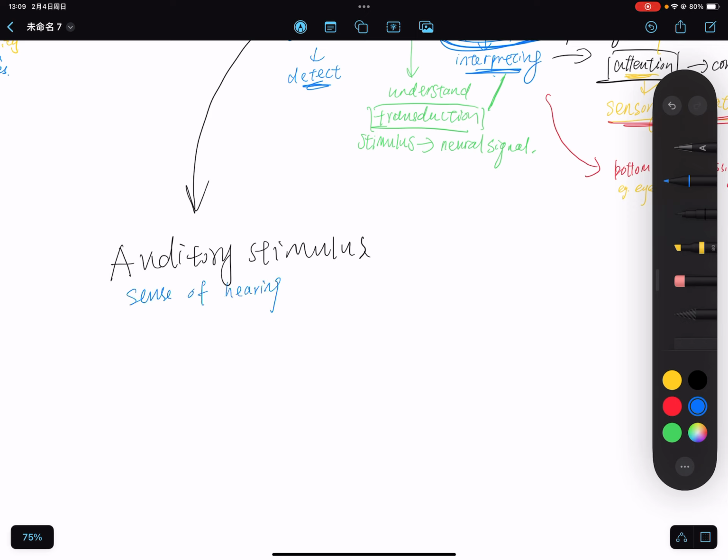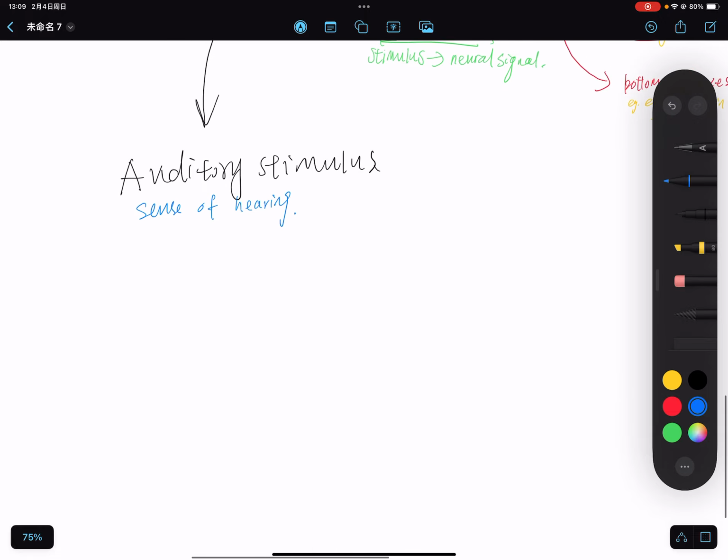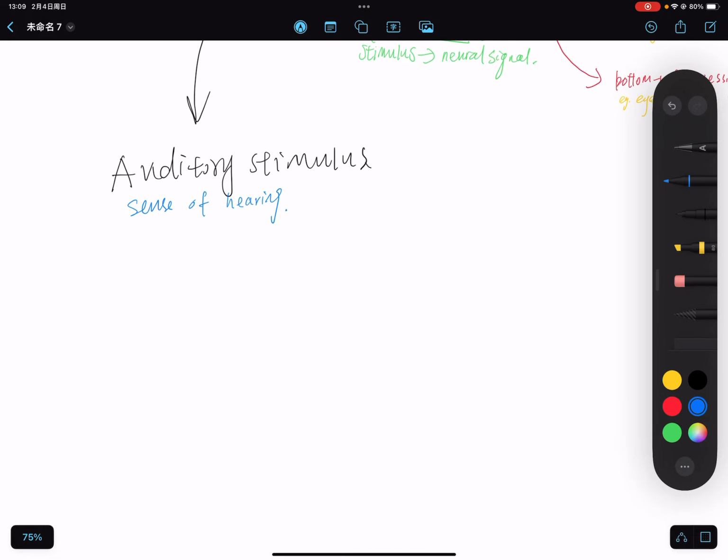Right. So, what is the structure of our ear? First, our ear has three parts: the outer ear, the middle ear, and the inner ear.